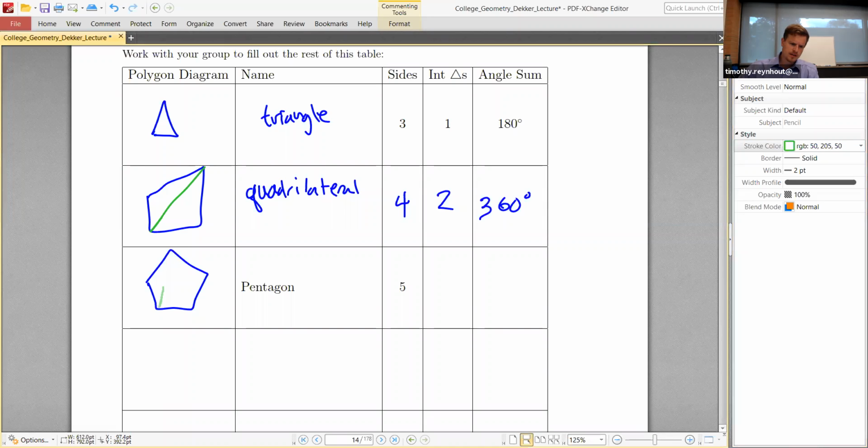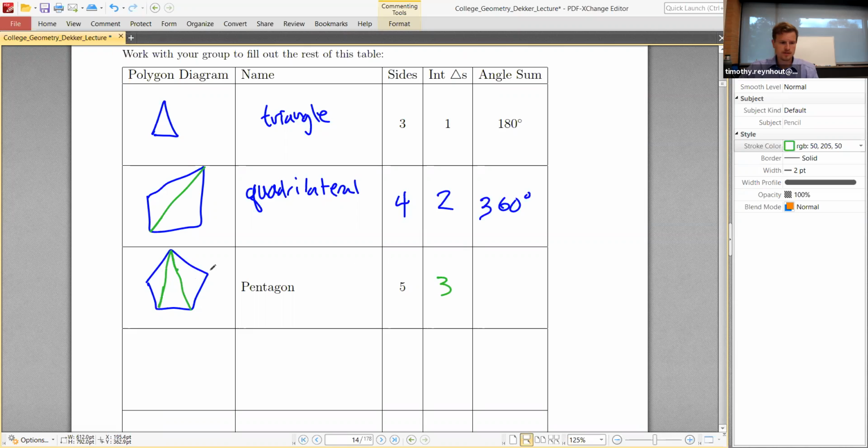I can draw a line right here, and that gives us a triangle on the left-hand side, and on the right-hand side, it's a quadrilateral, right? If you take this green side as substituting for those two blue sides, then this figure through here is a quadrilateral. And I can draw one line to split that quadrilateral into two triangles, giving us that for the pentagon, there are 1, 2, 3 interior triangles.